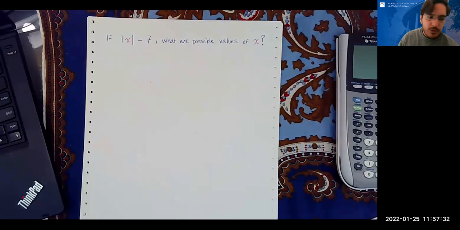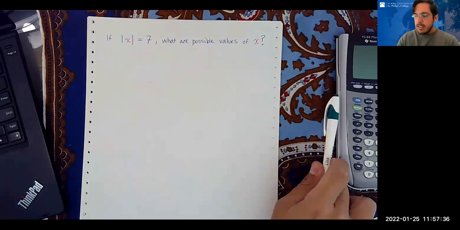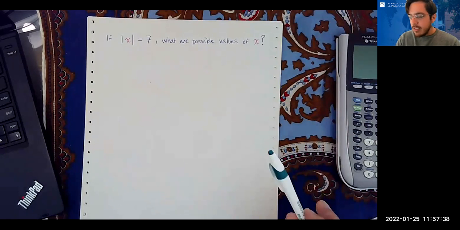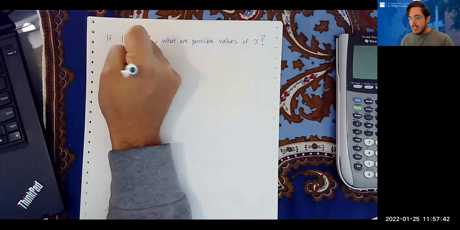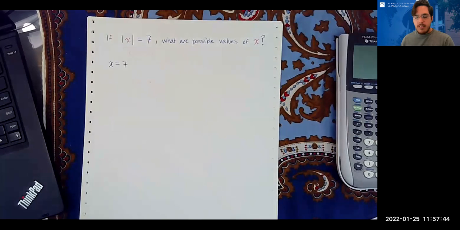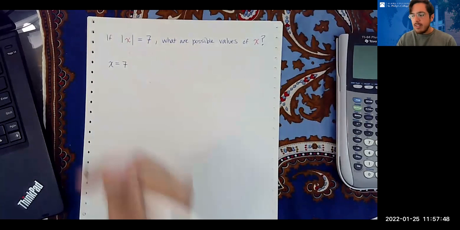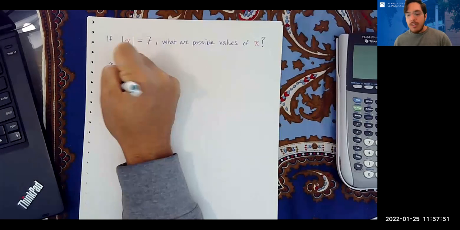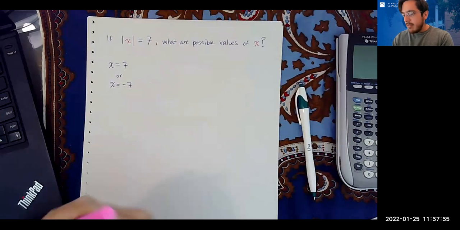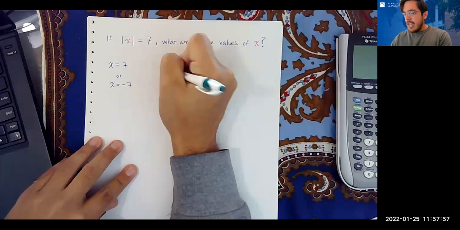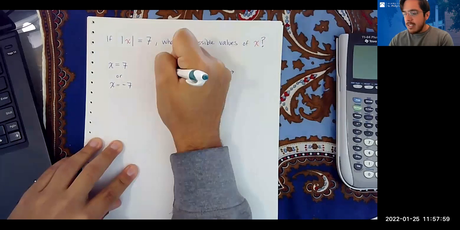Is that a sort of confusing question? Is it 7? Yeah, x could be equal to 7 for sure. Is there another number on the number line that's 7 units from 0? -7. Yeah, or x could be equal to -7. So there are two values of x here, because if we think about our number line, this is our distance that they've told us.